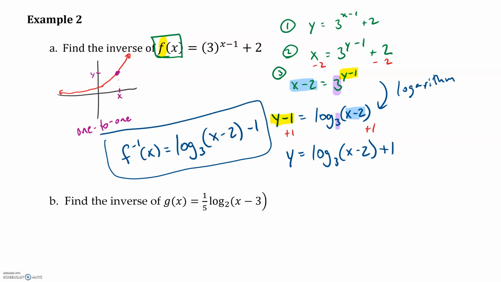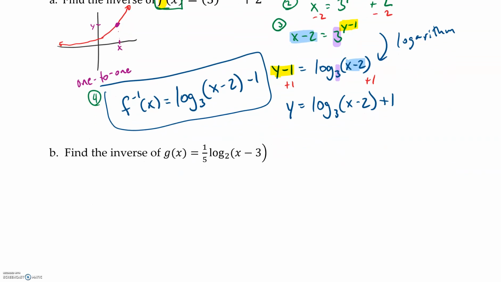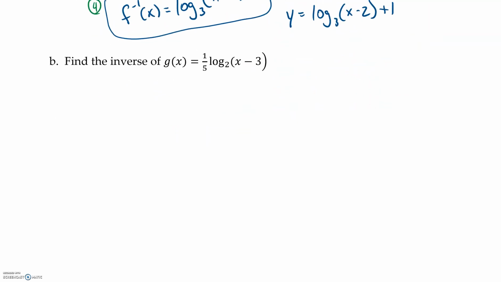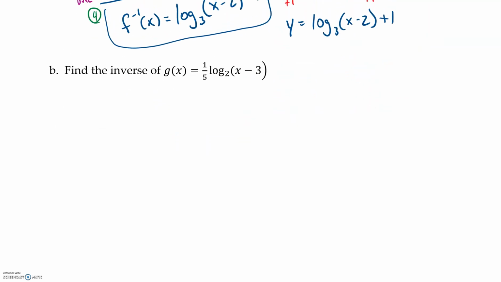So in a similar way, we could write the inverse of a logarithmic function. We're just going to basically do what we just did, but in reverse. Logarithmic functions are also one-to-one, right?